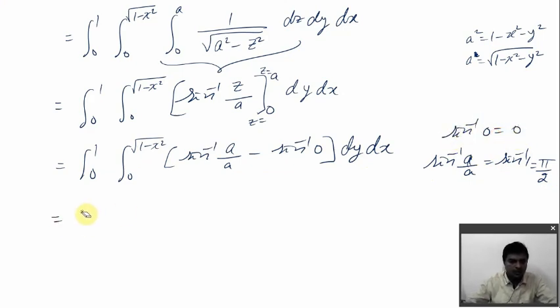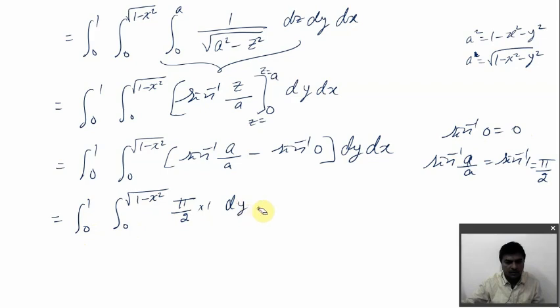So this is going to give you integration from 0 to 1, integration from 0 to 1 minus x square, it is pi by 2 into 1, dy dx. If you want, you can take pi by 2 outside, which is a constant. So this is integration 0 to 1, integration 0 to 1 minus x square, 1 into dy dx.